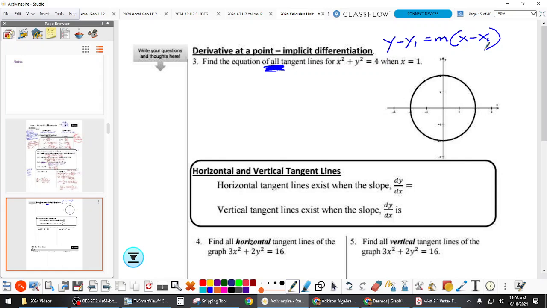You need your points. Well, you're right, we do need our points. But my question was, what are we talking about when we know we need this m value? What is it called in this kind of problem? It's dy/dx, yeah.